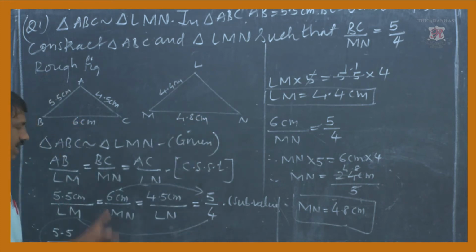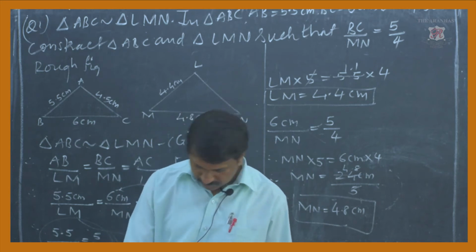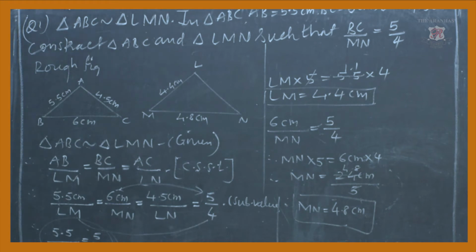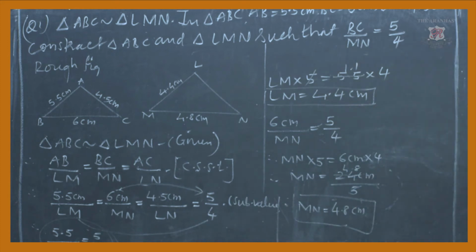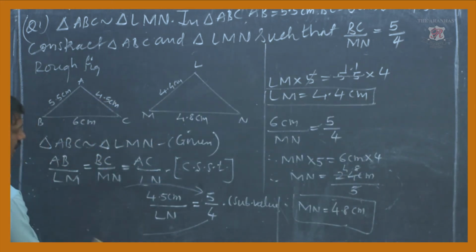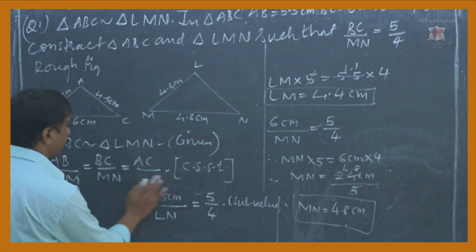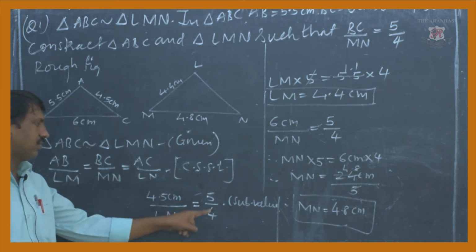One more segment is left that we have to find. That is the last ratio. So I will erase this part here, and we'll find the next corresponding side, the third one. Because of the space, I'll continue here only. So with the third ratio and the given corresponding sides ratio, we'll see. 4.5 centimeter upon LN is equal to 5 upon 4.